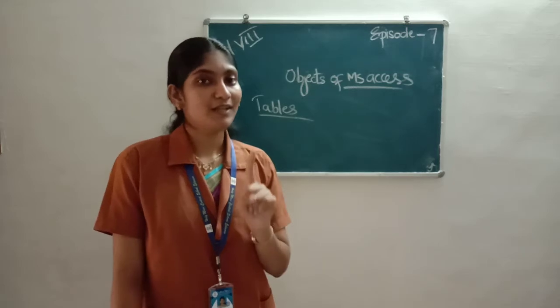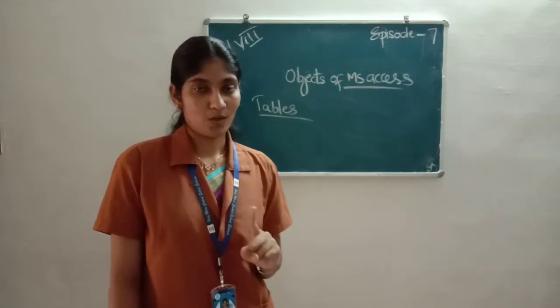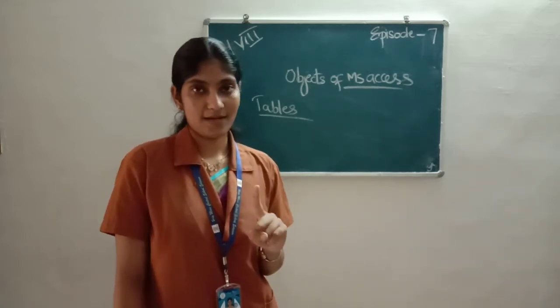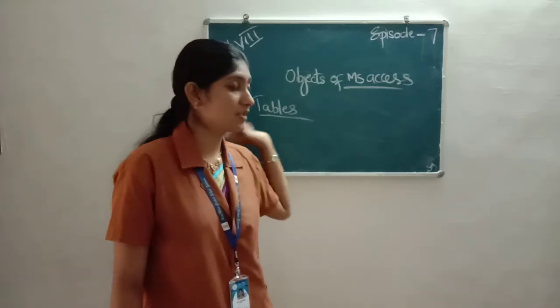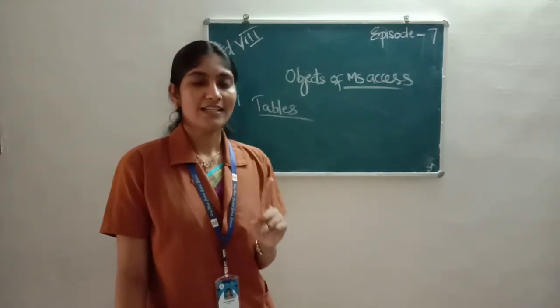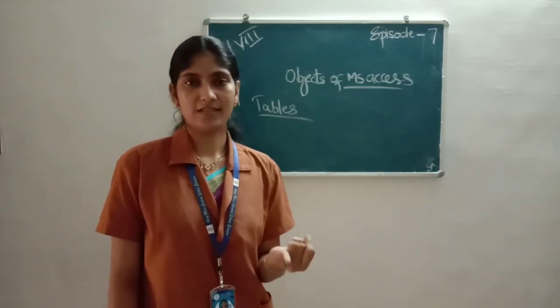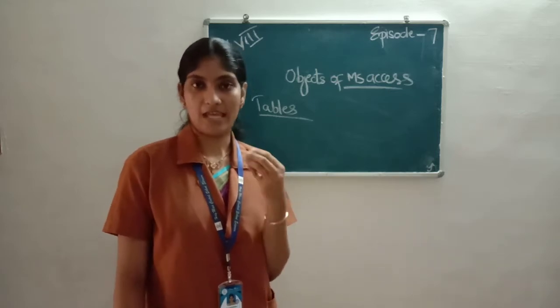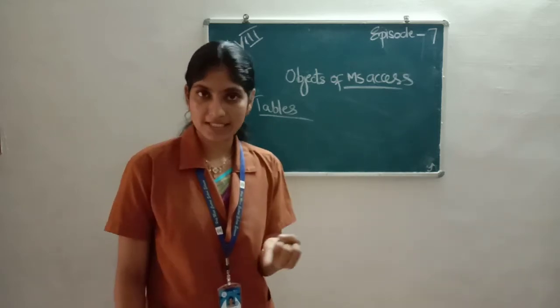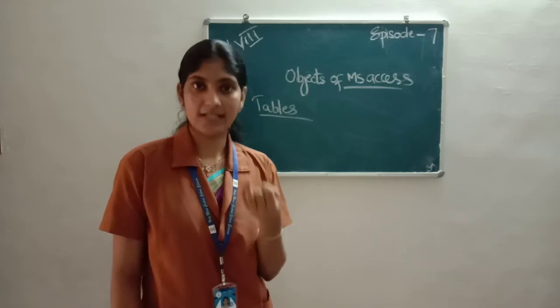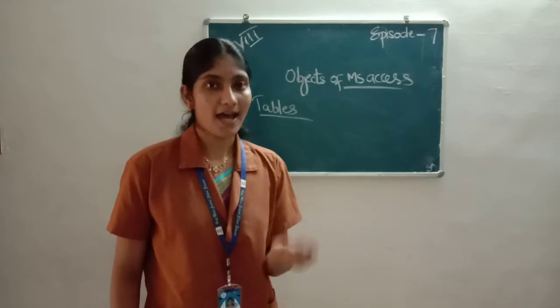Tables are the basic building block of a database system. A table contains fields, and each field has a unique name. Name is a field, ID is a field, Age is a field, Address is a field.